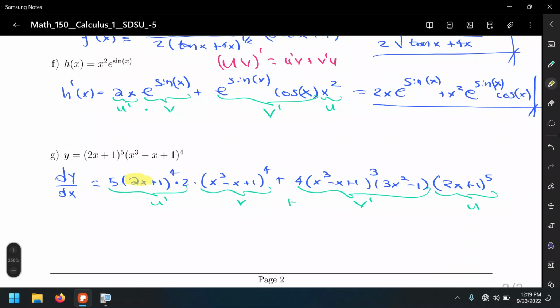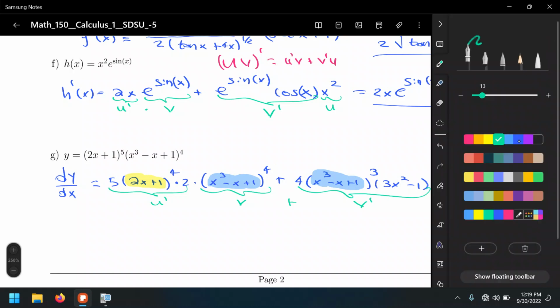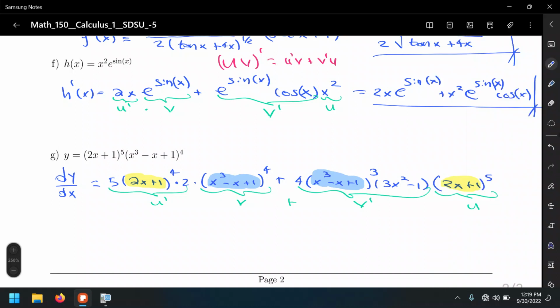We have factors of 2x plus 1 and 2x plus 1, and we have common factors of x cubed minus x plus 1, x cubed minus x plus 1. Like the GCF, we factor out the lowest power of each. So in this case, let's factor the 2x plus 1. Between power 4 and power 5, we can factor out up to power 4. Do we agree?